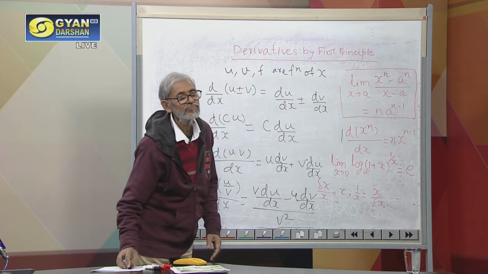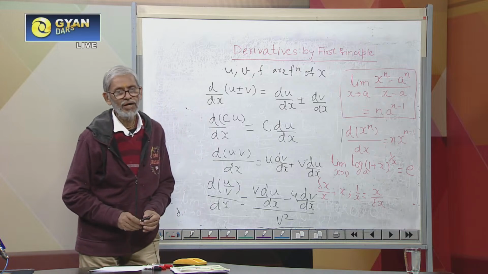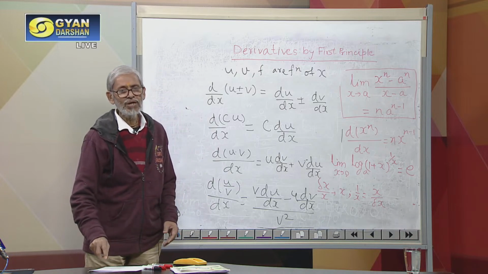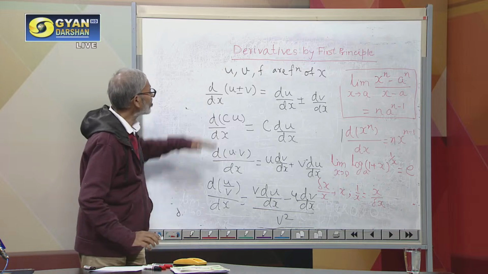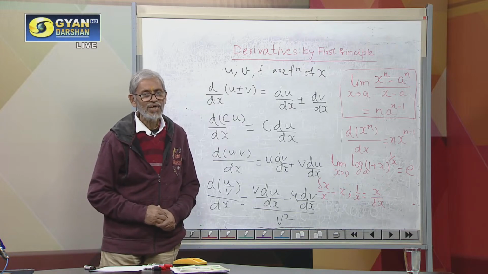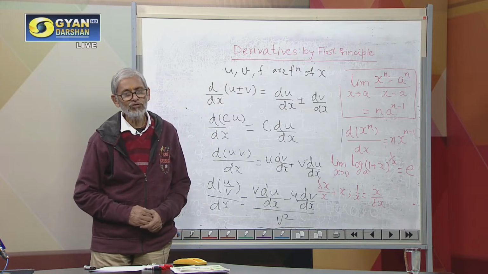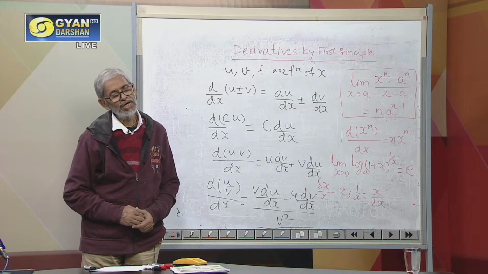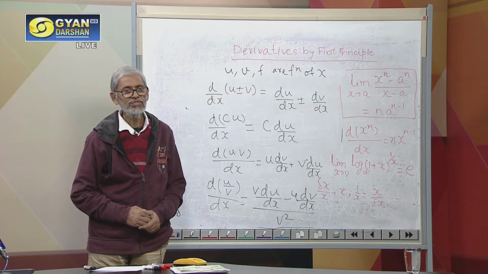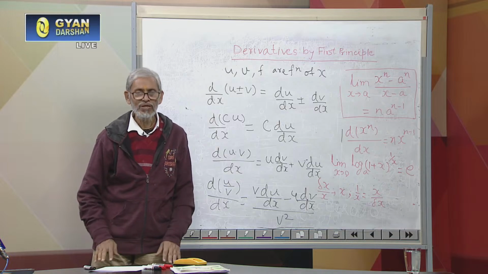So friends, you must remember these formulas which are here. These are quite useful formulas, very simple, and they will be used in the problems of derivatives and at many other places. Thank you very much.